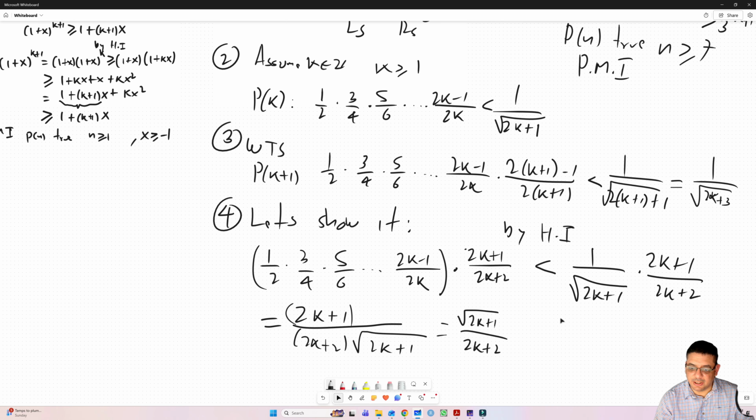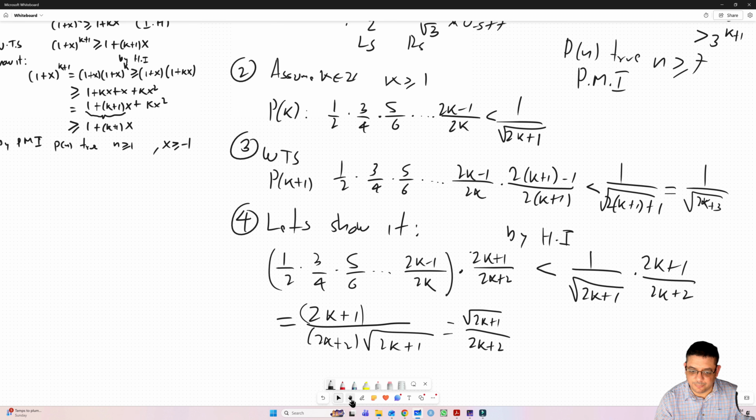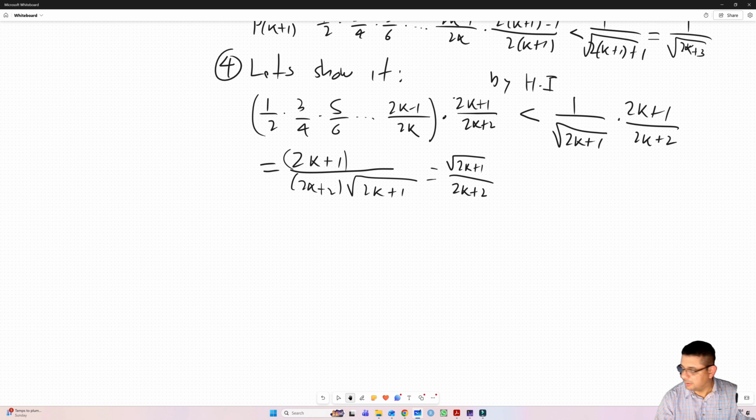And now, what I need to show is that this, which is what I have so far, is less than 1 over the square root of 2k plus 3. Okay, this is going to be this, and so at this point I conclude my proof.